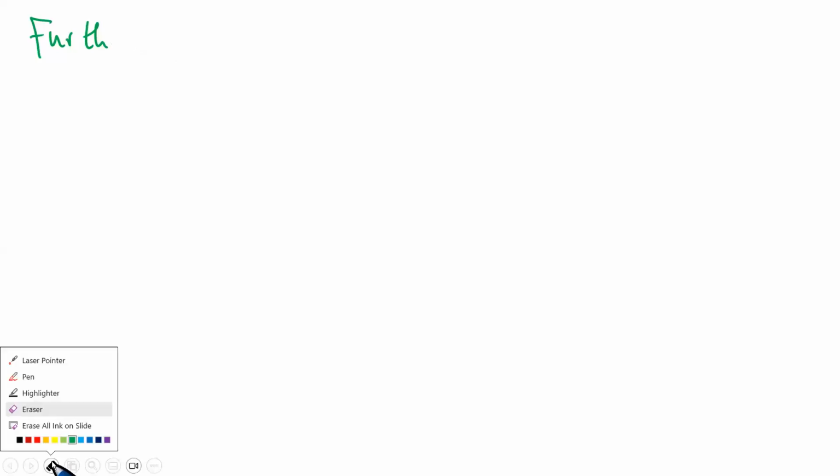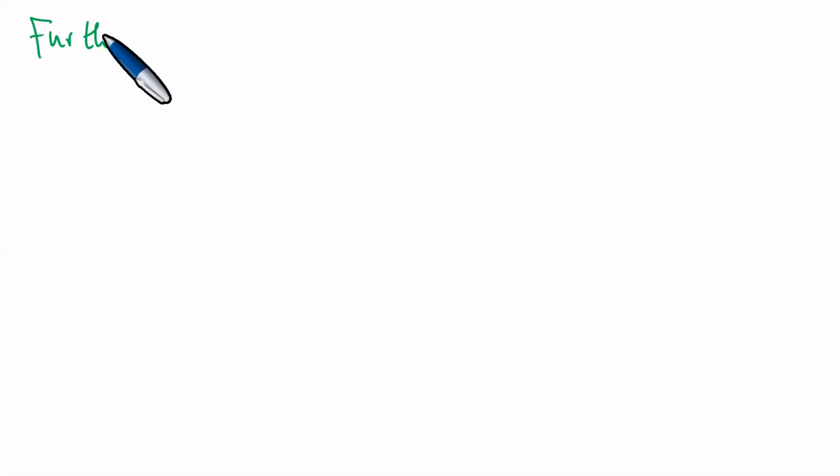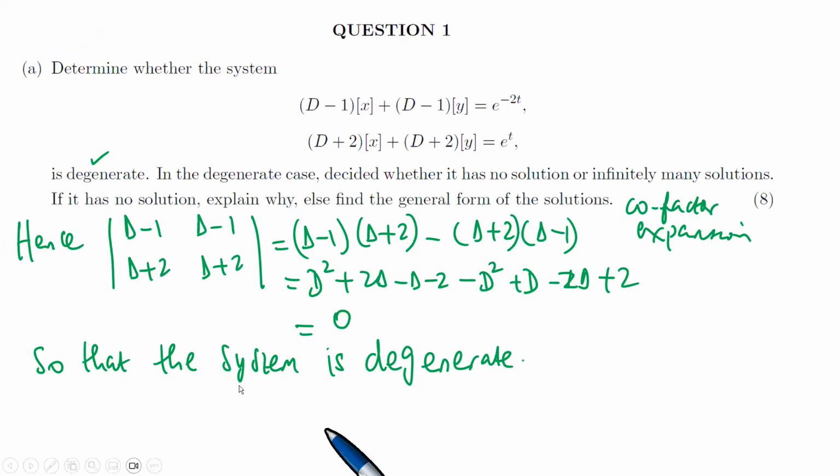Furthermore, we do what we did. What did we do? We take the d minus 1, d plus 2 and replace the second column by this, and vice versa.